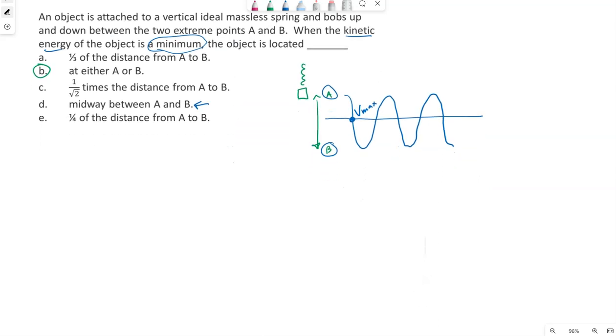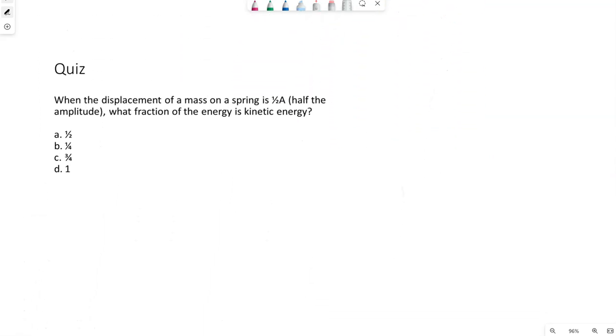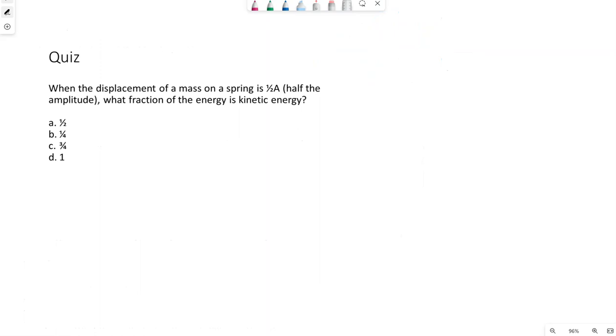All right, one last conceptual question here. What do you think here? The correct answer ends up being C. So if we think about the total energy, at the moments in time when the mass is at its maximum displacement, all of the energy is potential energy.